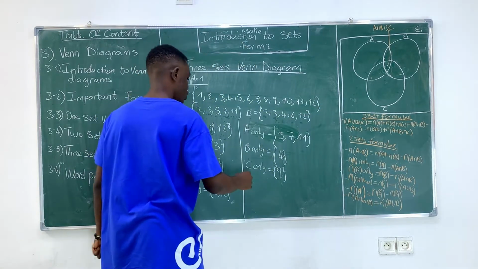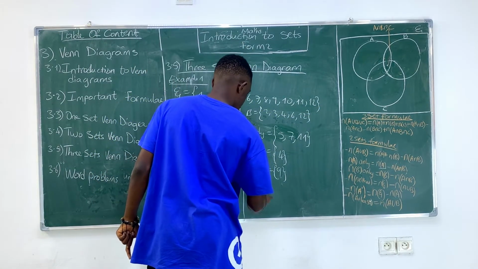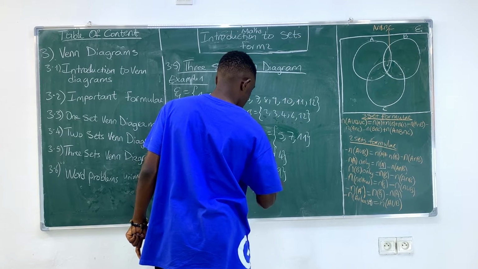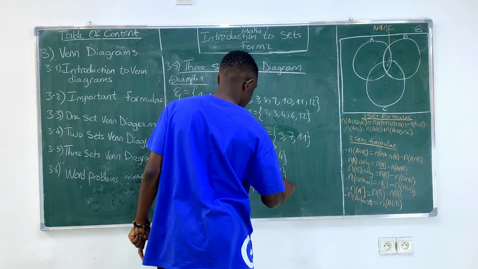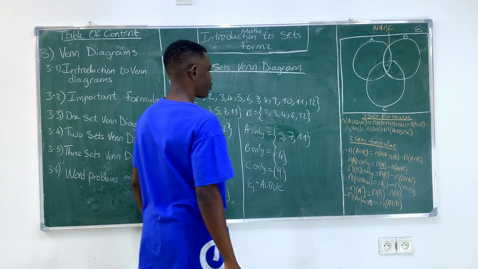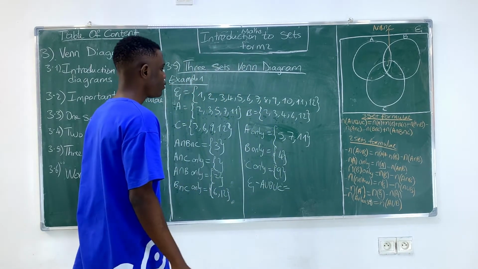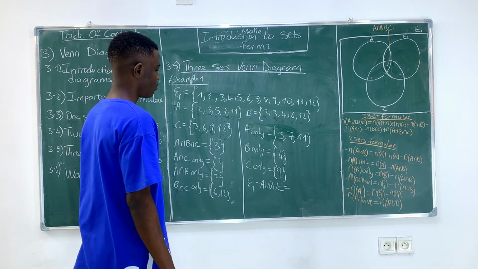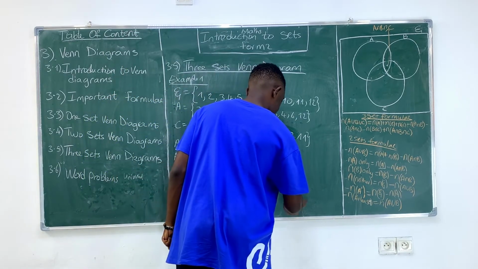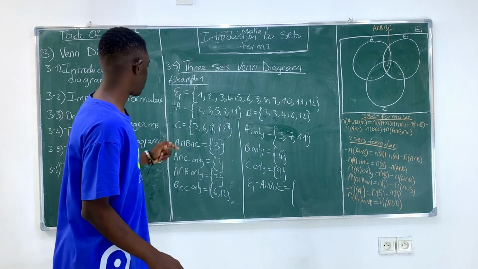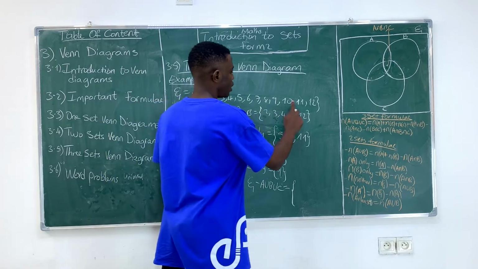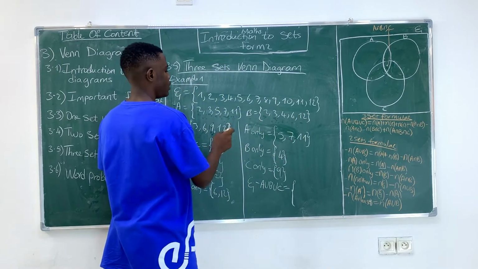To find the numbers that are in none of the 3, do epsilon minus A union B union C. If you use logical thinking, you just find numbers which are in none of the 3.